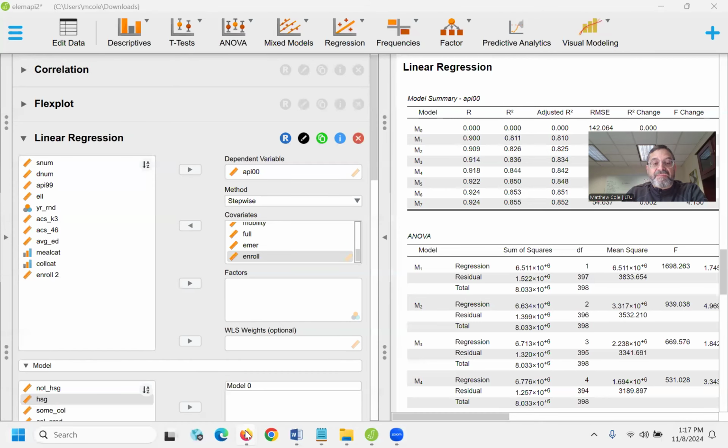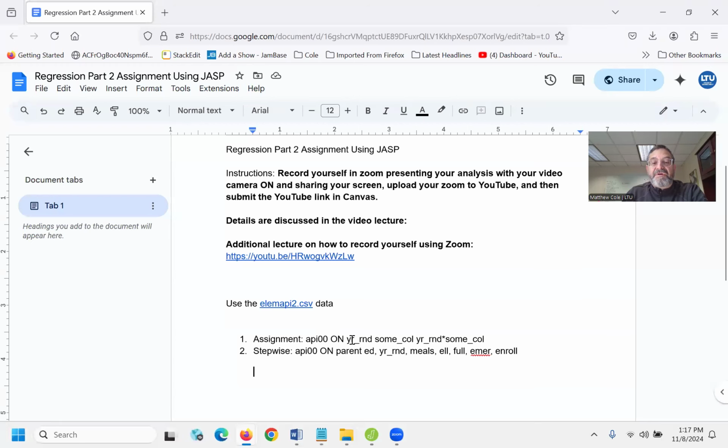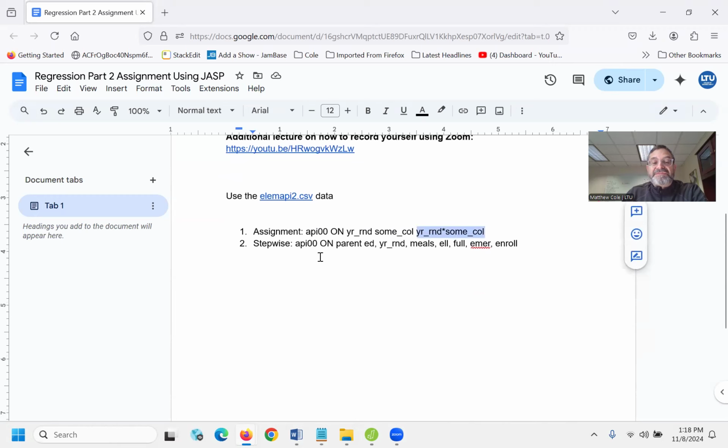My bad. For the assignment, you're going to do API regressed on year-round and some college and the interaction term. And then the second one, I want you to do API regressed on that whole set of parent education ones.